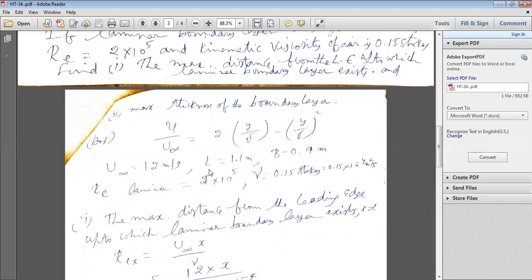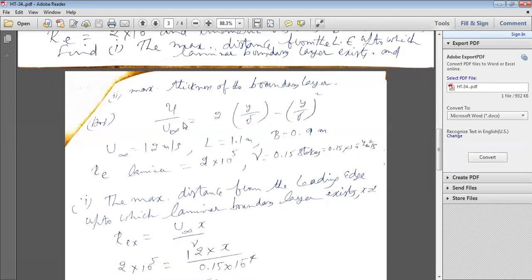So here is given the velocity profile, u by U free stream is 2 into y by delta minus y by delta whole square. That is given data. Velocity of the air 12 meters per second. Length of the plate 1.1 meters. And width of the plate 0.9 meters.